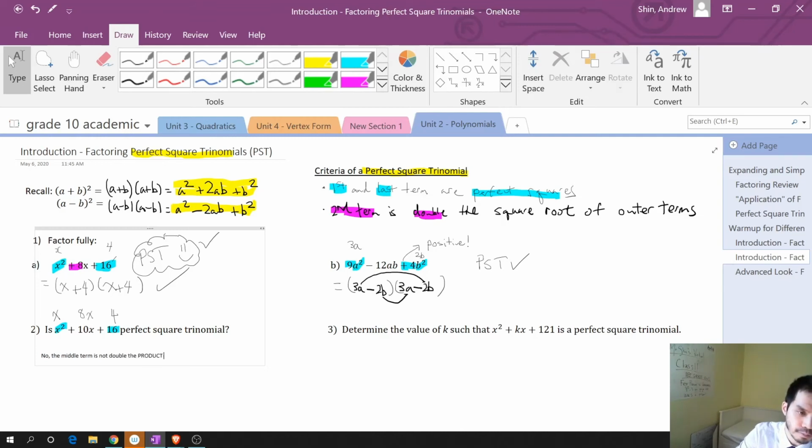I think I've been missing this part of the definition. It's not double the product of the square root of the first and last terms. That's why it's not a perfect square trinomial.